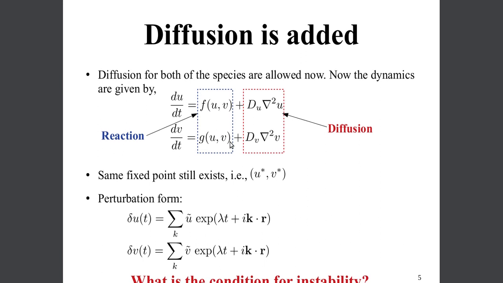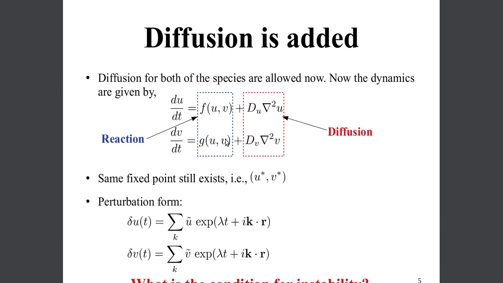So f and g represent the reactions, and depending on the concentrations of the two species, the rate of production of u and v will change. That is the reaction part, and this is simply the diffusion part. That is why it is called a reaction diffusion system.